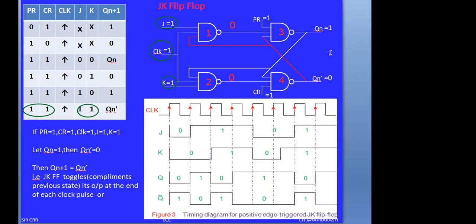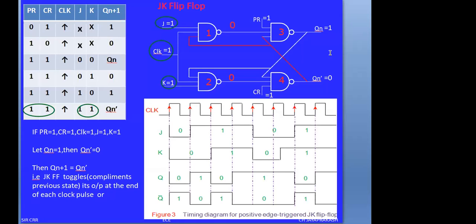Look at how I wrote it while checking. You should definitely have a doubt here. I made a mistake here. Identify that mistake. I am saying the NAND gate 1 output equals 0 and NAND gate 2 output is also 0. Is it correct or not? Anyone? I wrote that NAND gate 1 and NAND gate 2 outputs are 0.